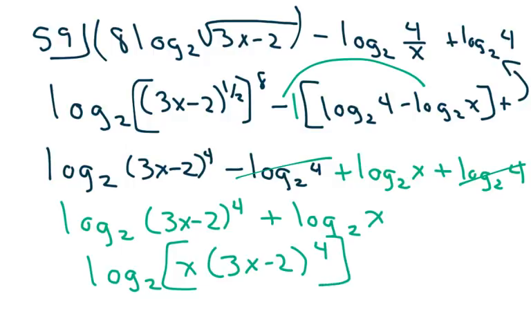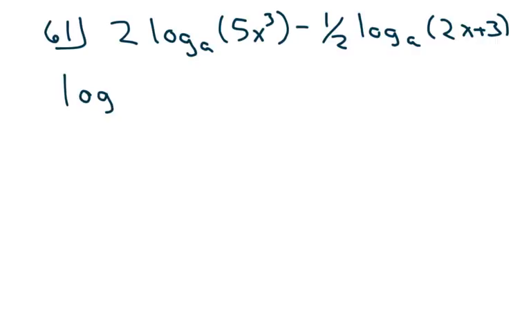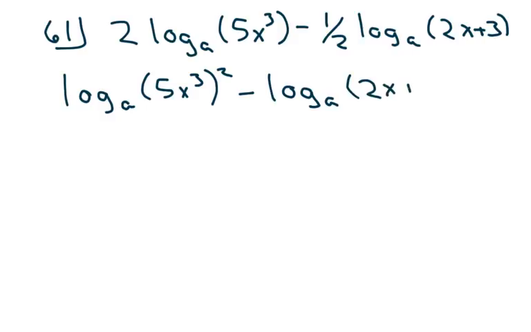Okay, 61. We have 2 times log base A of 5x cubed minus 1/2 log base A of 2x plus 3. First thing I'm going to do is my power property. We have log base A of 5x cubed squared minus log base A of 2x plus 3 to the 1/2.